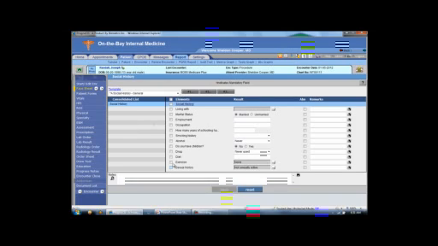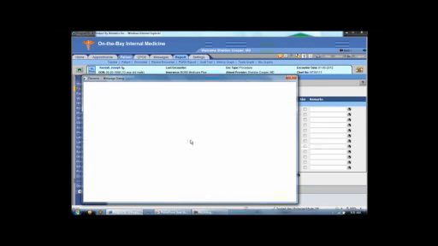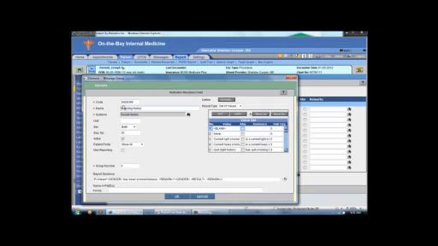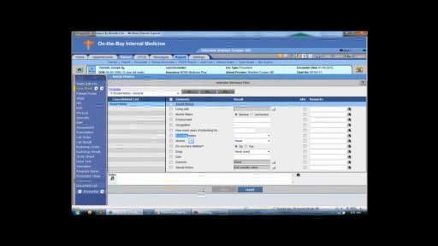For instance, we're looking here at our General Social History template, and in the middle of the screen we have a question simply called Smoking History. If we double click that question, we will see that our code is SH 20399. So 20399 is one question.